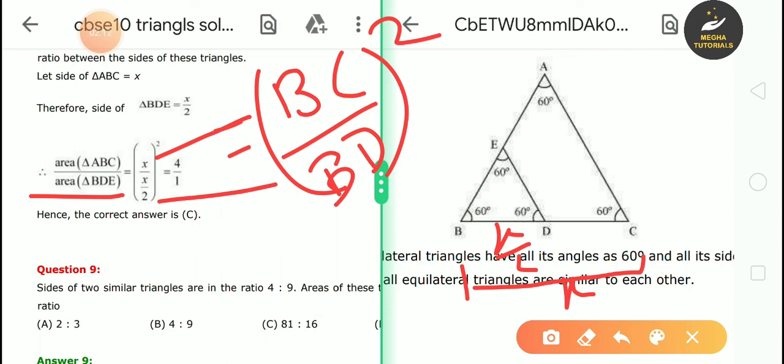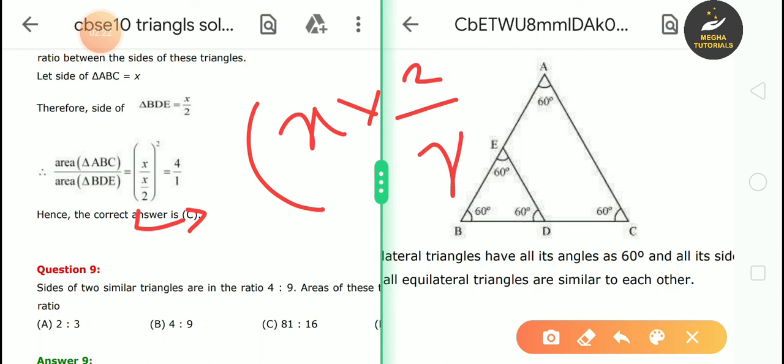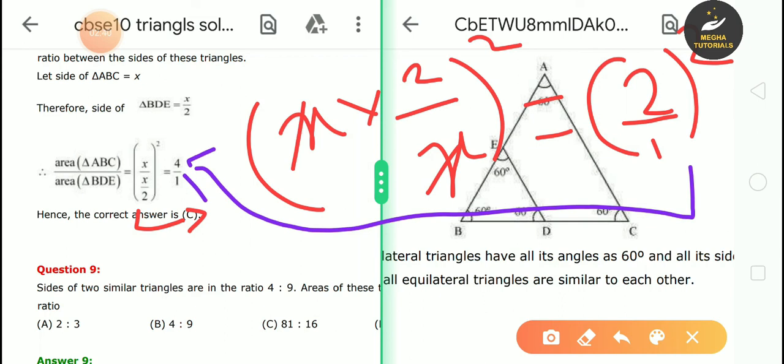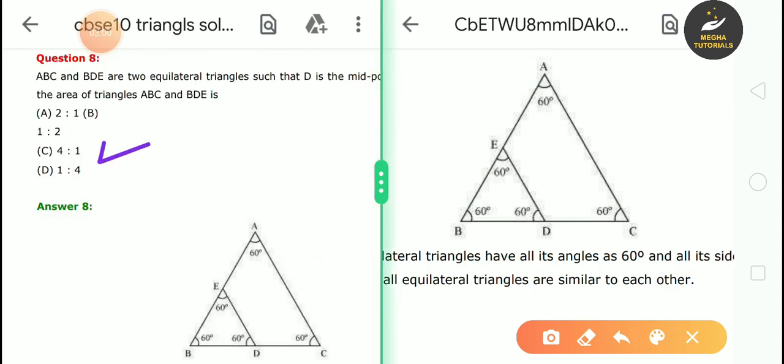So in the bracket the calculation will be X into 2 upon X the whole square, that is the multiplicative inverse, then X and X will cancel and in the bracket it will remain 2 square, or 2 upon 1 square. So in the next step 2 upon 1 square is equal to 4 upon 1. Therefore we got the answer: area of triangle ABC upon area of triangle BDE is equal to 4 upon 1, that is option C. Okay, so this is your final answer.